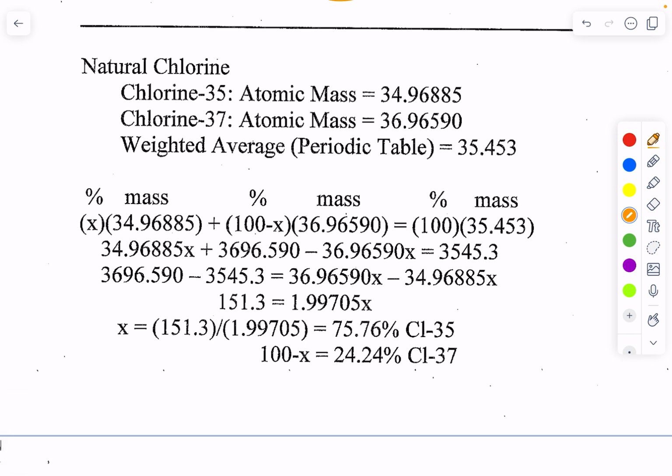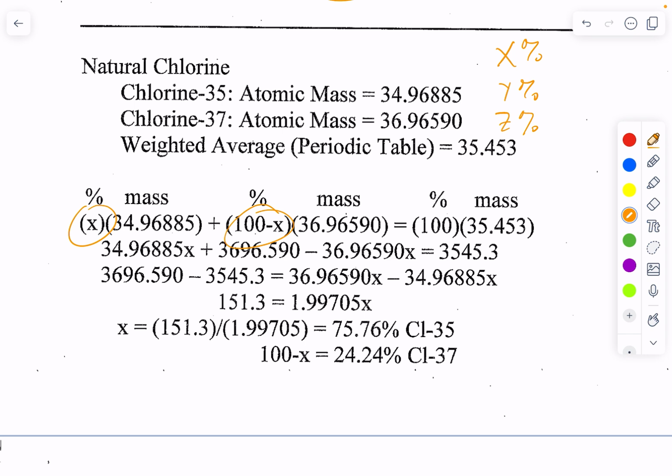Now, I should point out the fact that most of the time you're going to have more than 2 common isotopes. You can have 3 or 4 common isotopes, for example. By common, I mean relatively stable. And when you have that situation, you're not going to use X and 100 minus X, but you're going to have another equation in there, something that's going to relate. Let's say you have X%, Y%, and Z% of 3 isotopes.